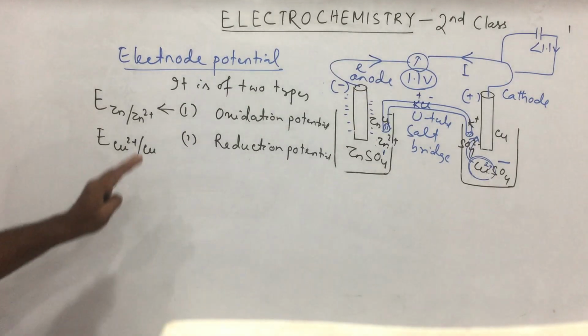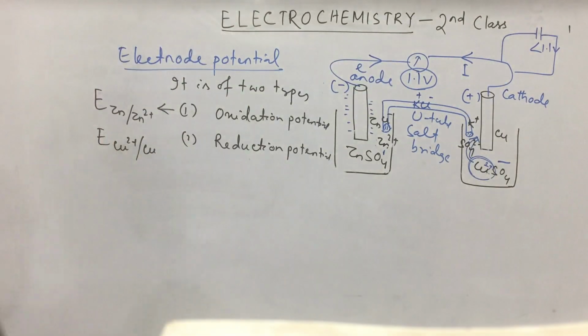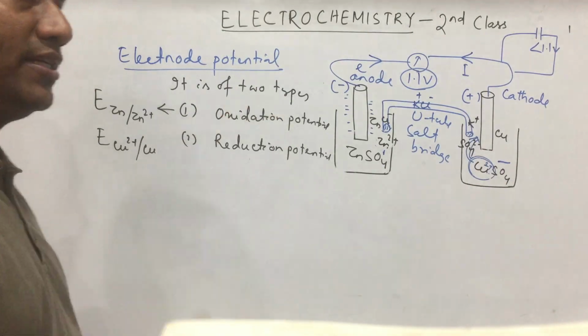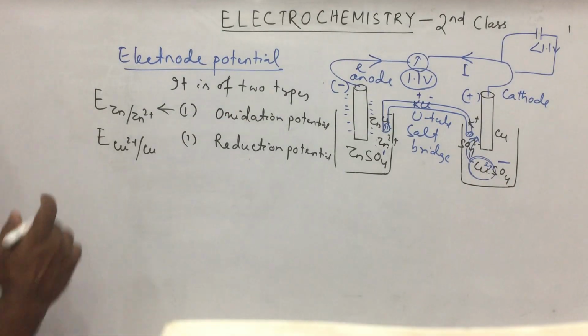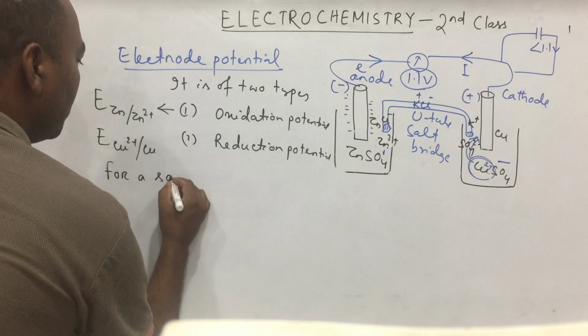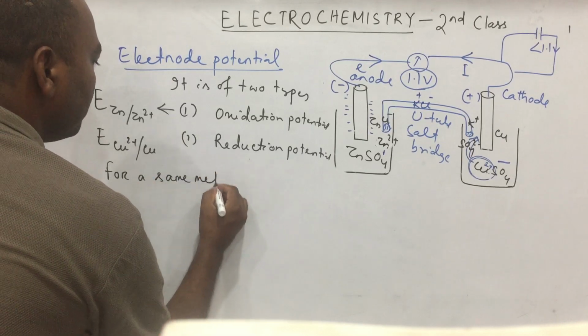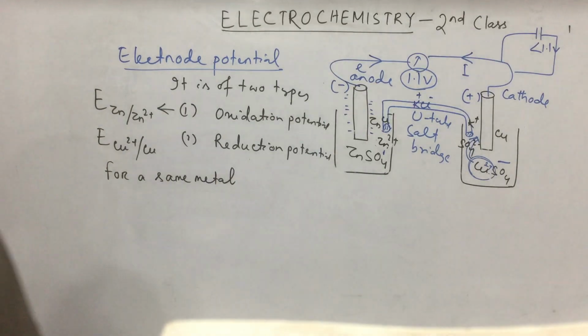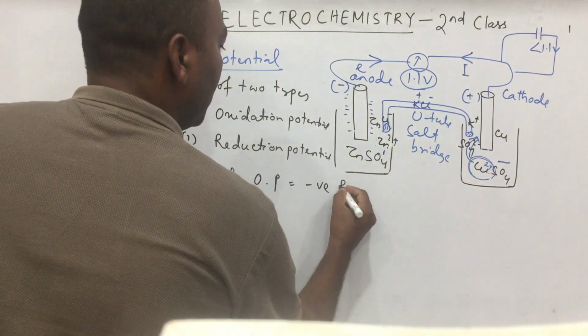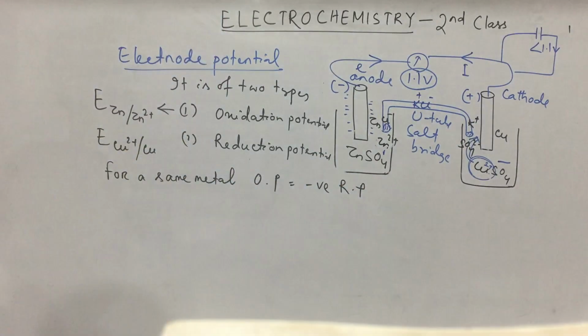Now according to the IUPAC format system, every electrode is written in its reduction potential format. So remember, this is the important part. For the same metal, oxidation potential equals the negative of reduction potential.